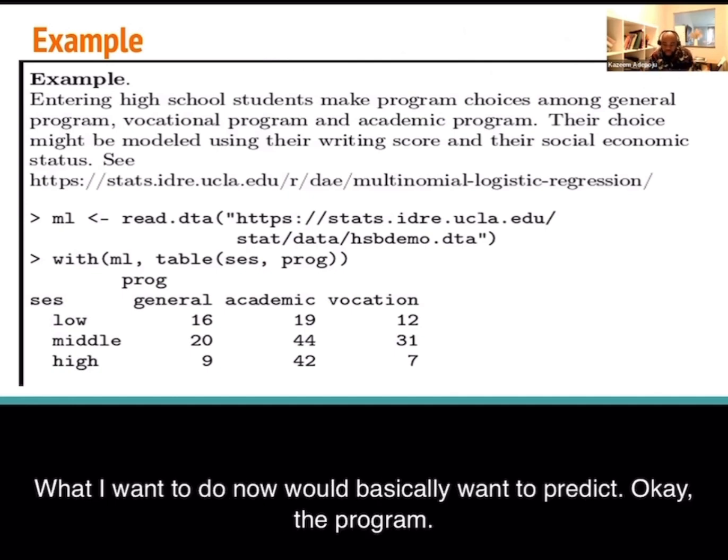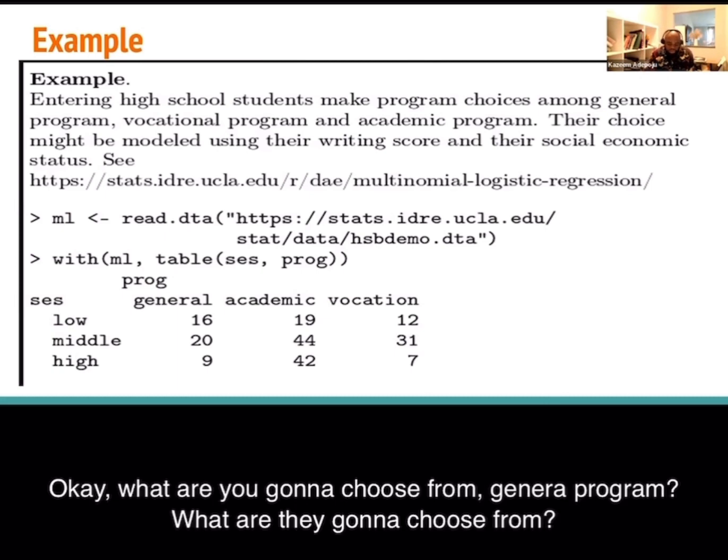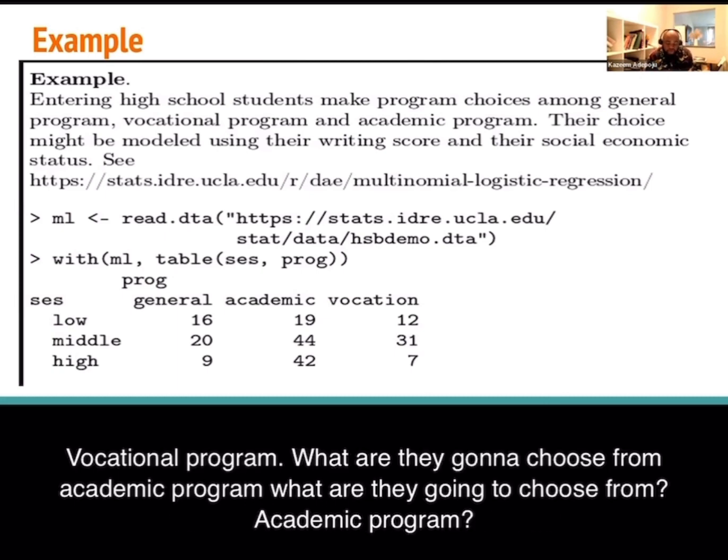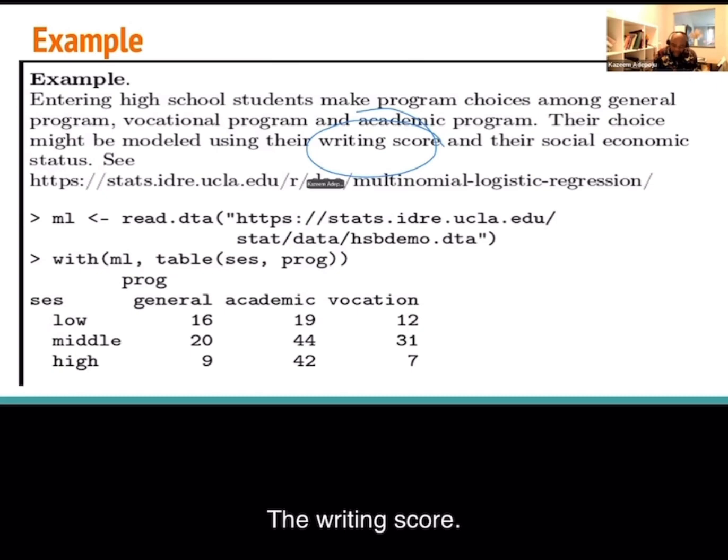We basically want to predict the program that entering high school students will choose, whether general, vocational, or academic. That depends on two predictors: the writing score and the socioeconomic status.